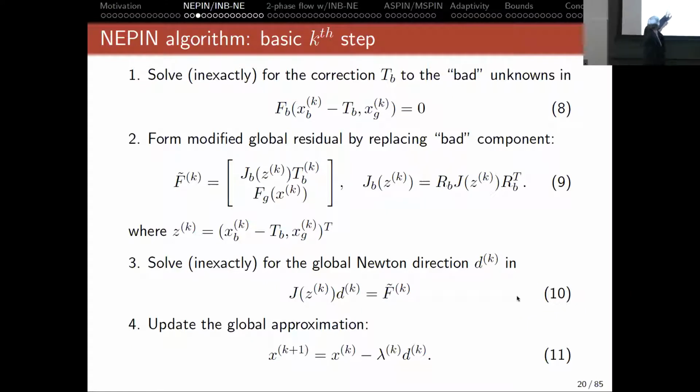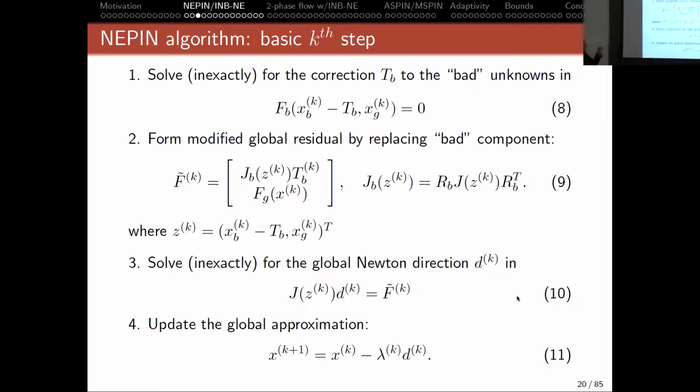We're going to displace the bad unknowns by a Newton correction, TB, which is found by solving an equation labeled 8. Then we're going to form a new set of nonlinear equations to solve by a standard Newton method. And they consist of replacing the bad FB with this scaled version of the correction.